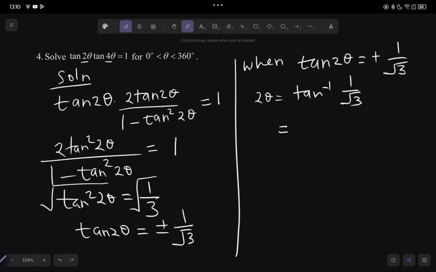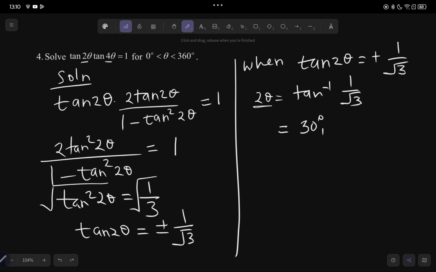Again, remember that even here we are dealing with 2 theta, which means we shall move from 0 to 720 for 2 theta because theta was stopping at 360. So tan inverse of 1 over root 3, this is supposed to be 30 degrees. Use the calculator in degrees.